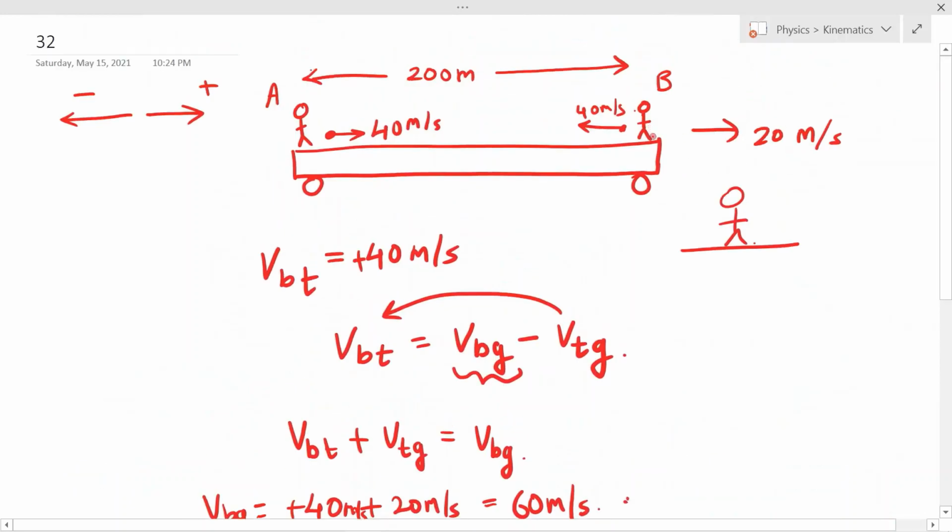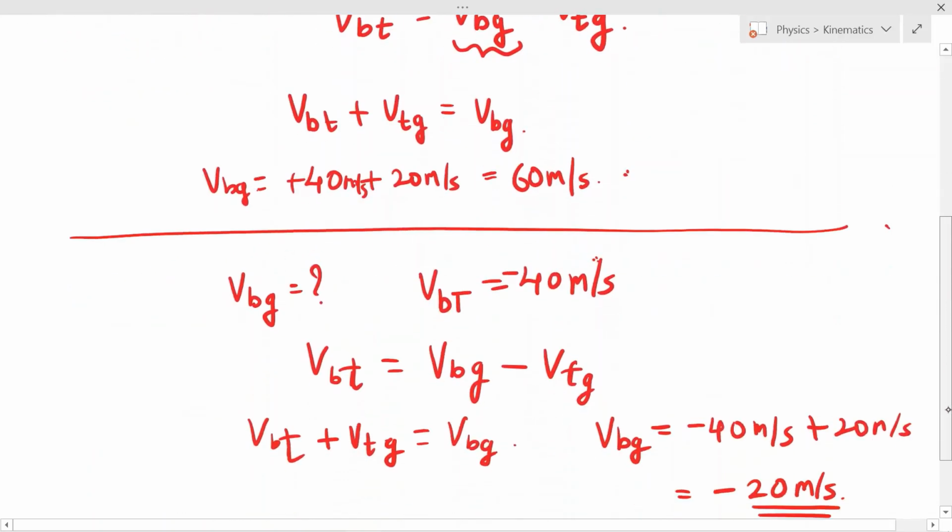And these persons are also moving with a 20 meter per second velocity towards the right. Now, if I work in this frame of reference where the velocity is 20 meter per second with respect to ground, then I will assume this trolley is at rest. So I'm working in the frame of reference of the trolley. So for this, this length is given as 200 meter.